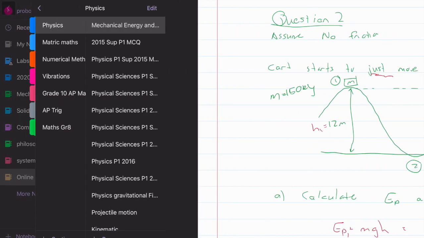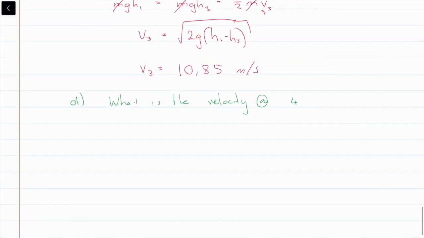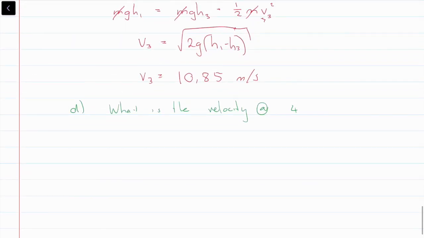The velocity at point 1 equals 0, so v1 equals 0. When it gets to point 4, it's going to have the same velocity because it's the same height above the ground. So v4, the velocity at 4, is equal to 0 meters per second.